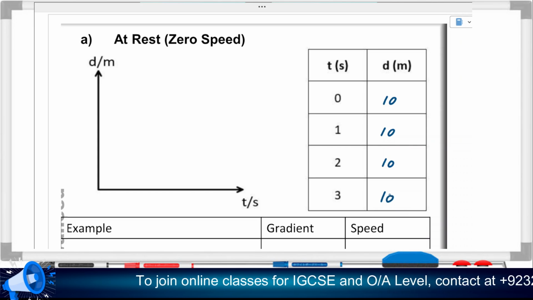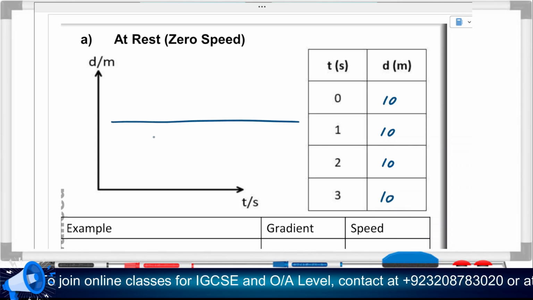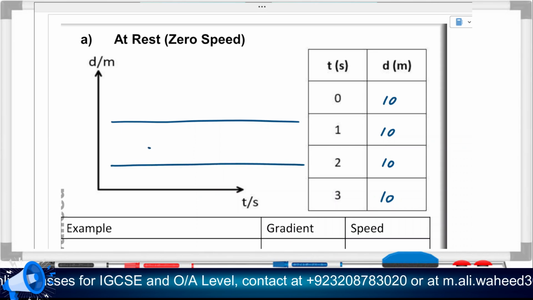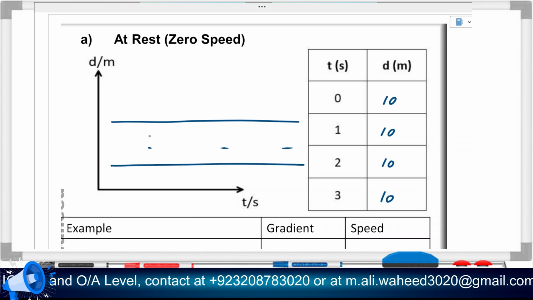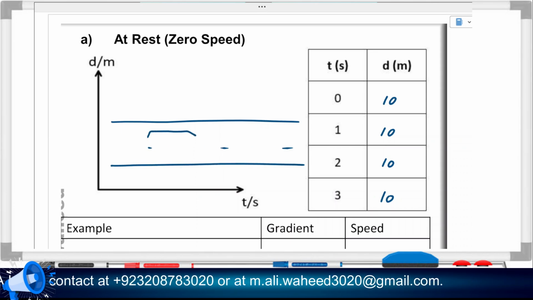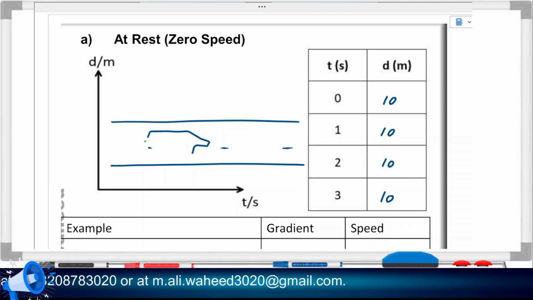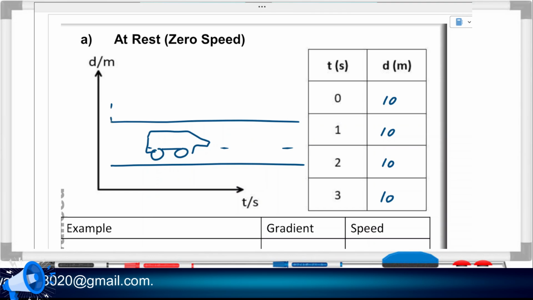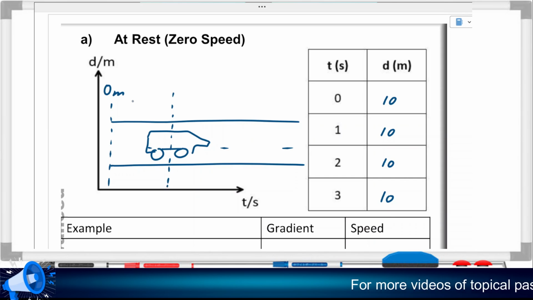What does that mean? So this could be a track, it could be a road, something like this. And you see a vehicle on the road. Let's say the starting point is 0 meters. This is the reference point, and this point is 10 meters.